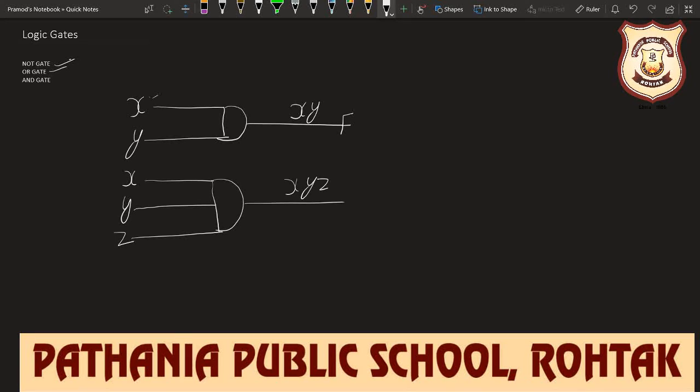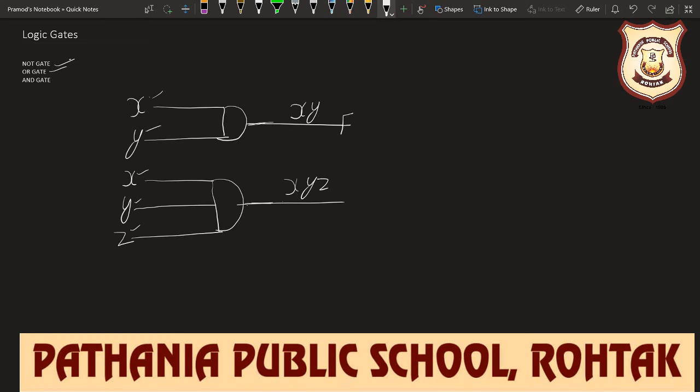So here you can input two variables, here three, and output only one. In an AND gate you can input two or more than two signals, and it always produces output as one signal.